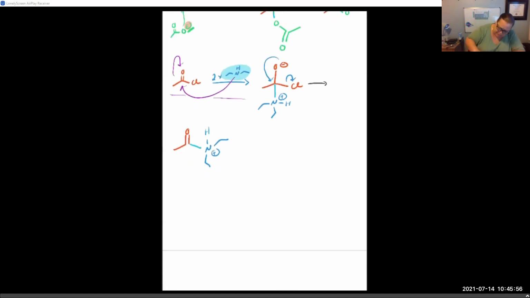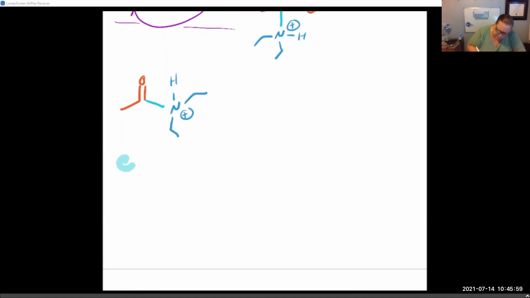You have two potential bases in your system. You have chloride and you have another equivalent of diethylamine. So these are your two bases. Well, which one is strongest? Well, look at its conjugate acid, HCl and triethylammonium.